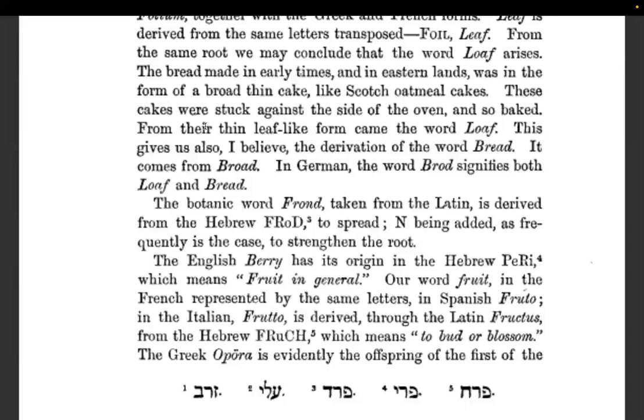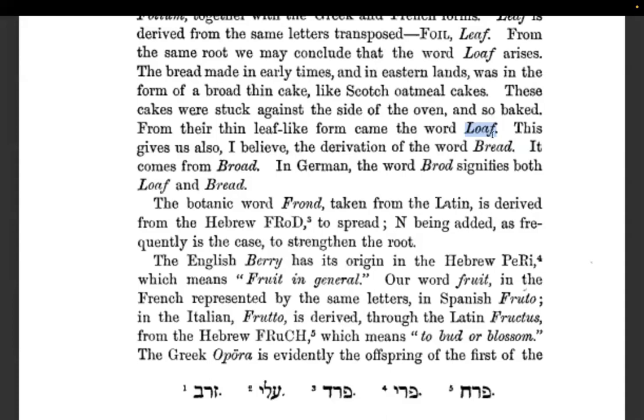This gives us also, I believe, the derivation of the word bread from loaf to bread, and that might seem like a stretch, but you have to remember the F is like the letter pay, and the pay can be an F or a P, like a PH or a P, and that P is often changed into a B, especially when it goes into the Greek language.